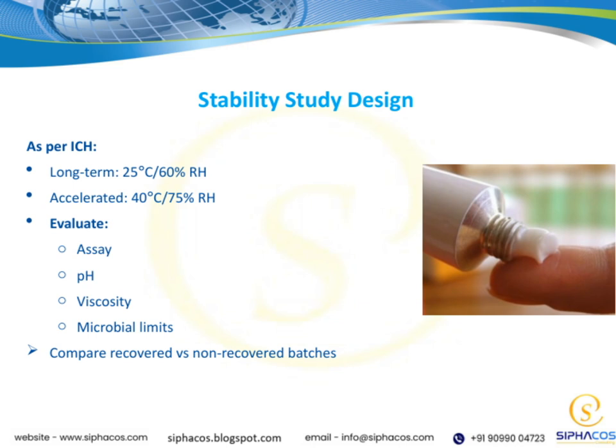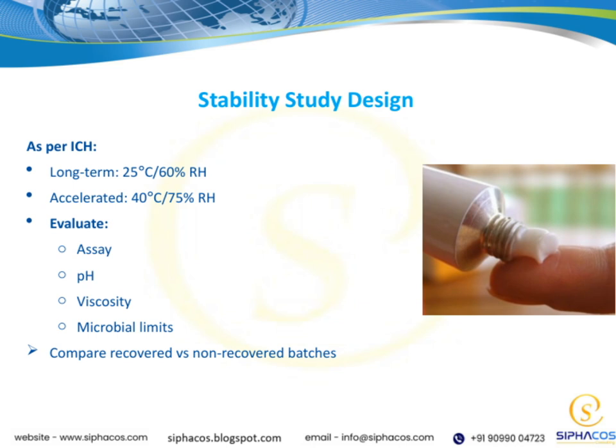Now, when we evaluate the stability, we focus on several key parameters. These include the assay, which tells us about the potency of the product, pH, to ensure it remains within acceptable limits, viscosity, especially for formulations where flow properties matter, and microbial limits, to confirm that microbial contamination remains controlled throughout the storage period.